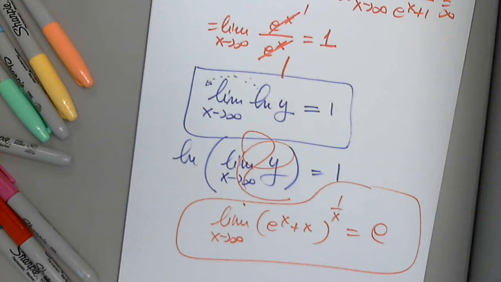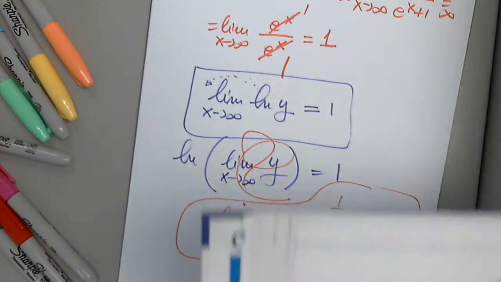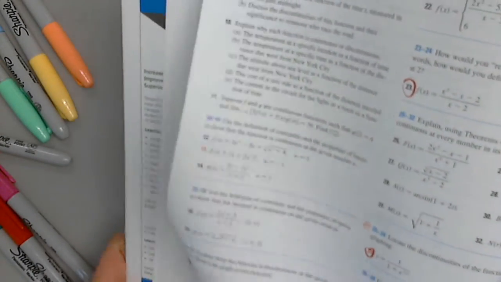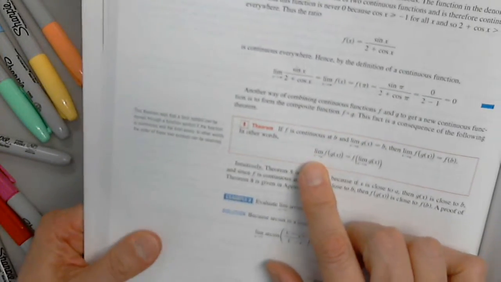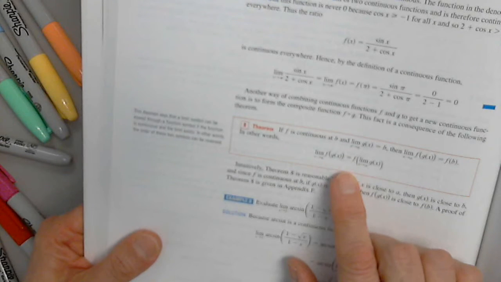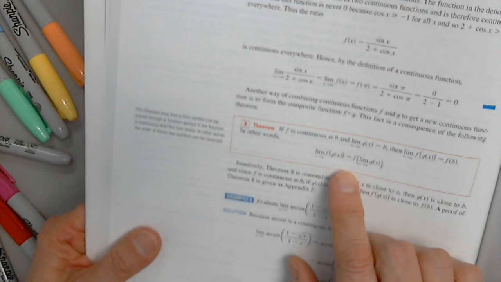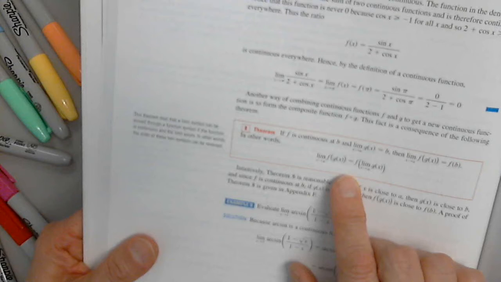Okay, why can you take the natural log out? Excellent, very good. A long time ago in continuity, I mentioned it, and we used it a few times, but not as much as we are using it now. In continuity, we talked about this theorem, but I said I'm not going to say much about it because every time we use it, we're going to refresh our memory.